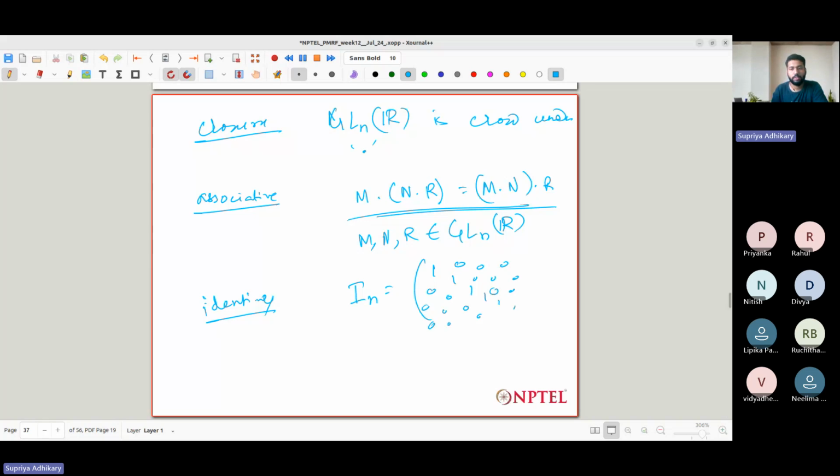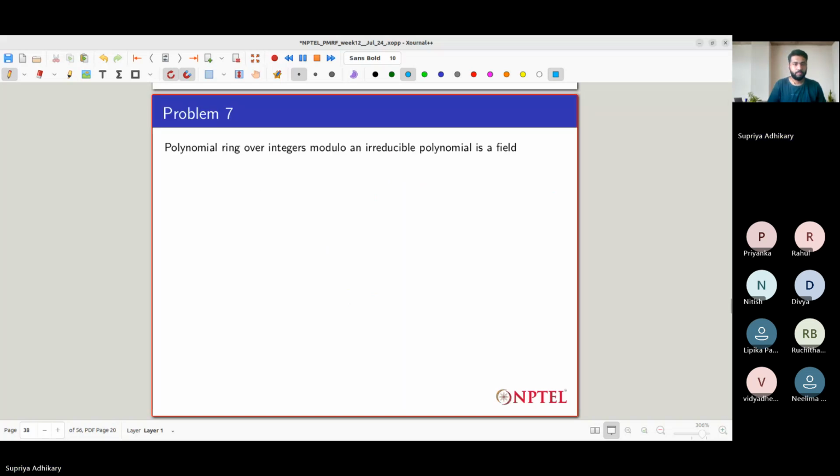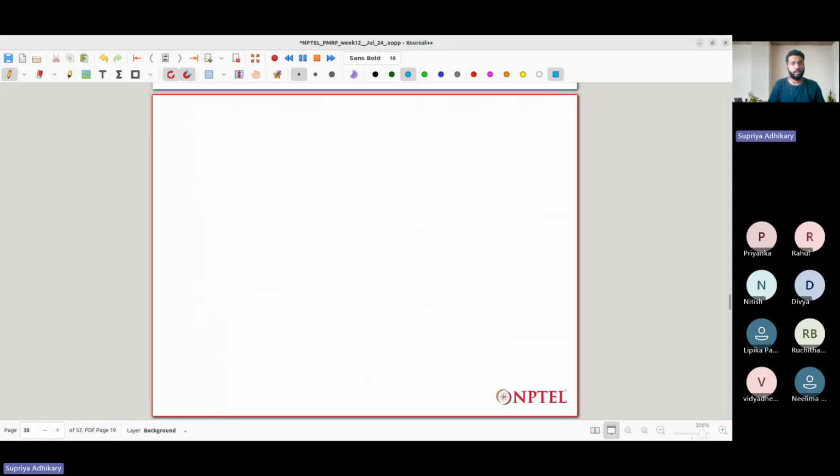If we consider this matrix, then we can say that for any matrix M, M In is equal to In M is equal to M. So this is true. So this is our identity element, and also the determinant of In is equal to 1. So that implies that In does belong to this set. Okay.